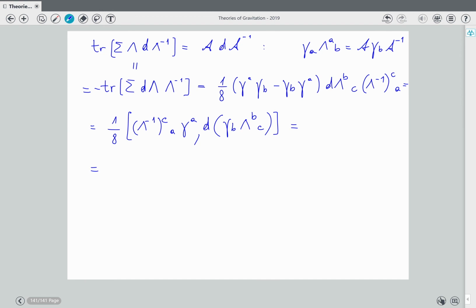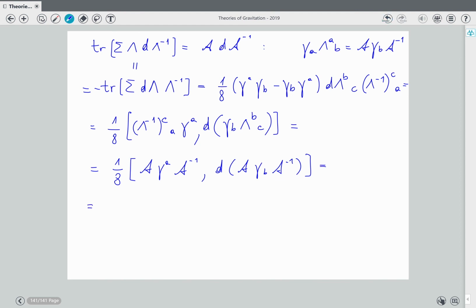So you have 1 over 8 curly A, gamma A, curly A minus 1, D, curly A, gamma B, curly A to the minus 1. And the difference with respect to before is that there is this D. So you have to compute the D. The D acts both on A and A minus 1.